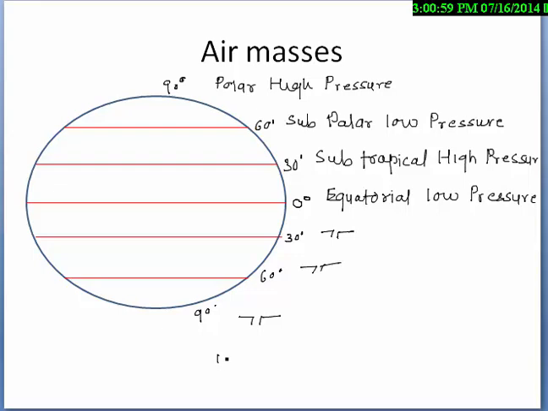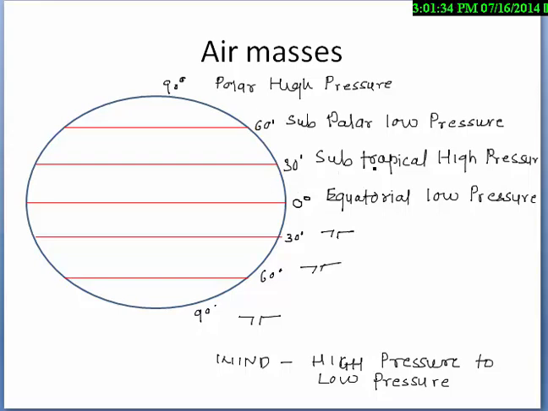Wind travels from high pressure to low pressure. So if you see here, in the northern hemisphere from 0 degree equatorial northward, the wind travels from high pressure to low pressure belt.